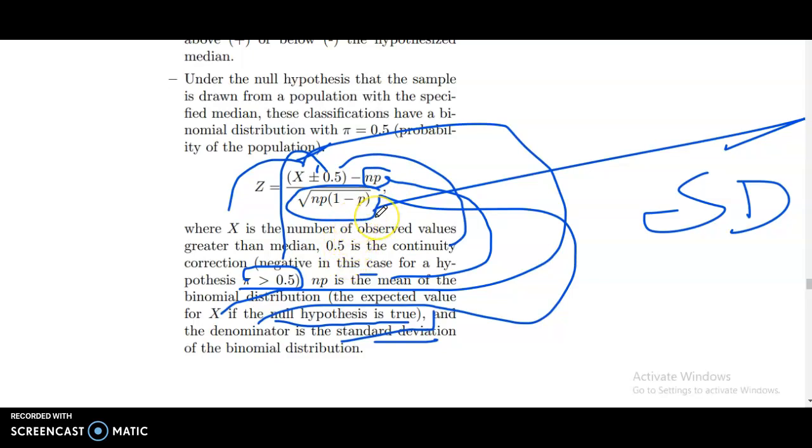The denominator is the standard deviation of the binomial distribution.